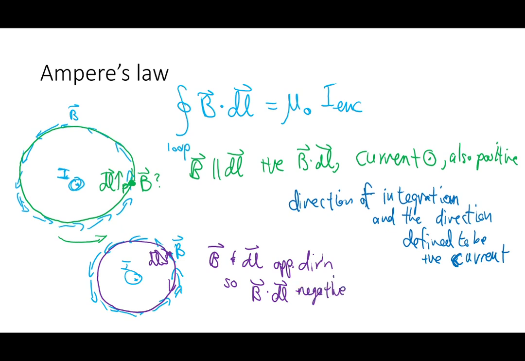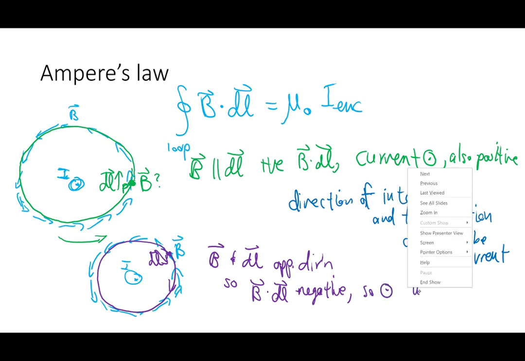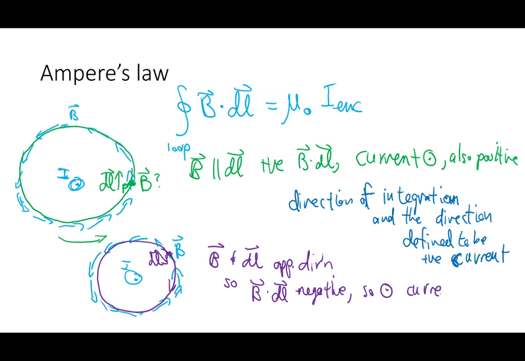When we take the dot product of two things in opposite directions, you'll get a negative dot product, and correspondingly, we have to call a current that's sticking out of the page negative. So the direction we call positive current changes as a result of changing the integration direction.